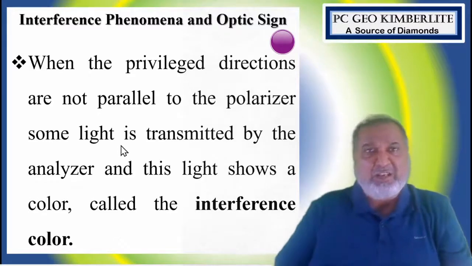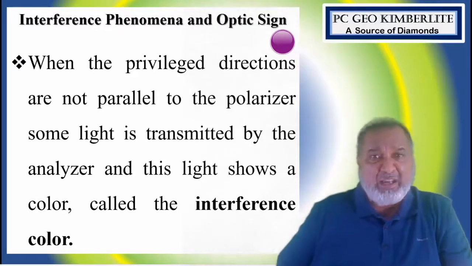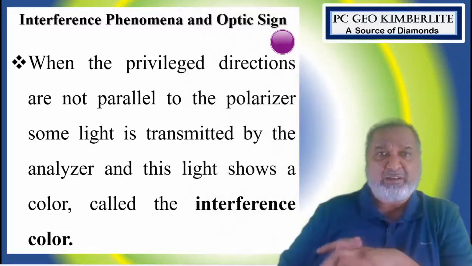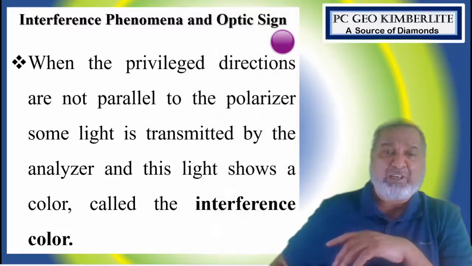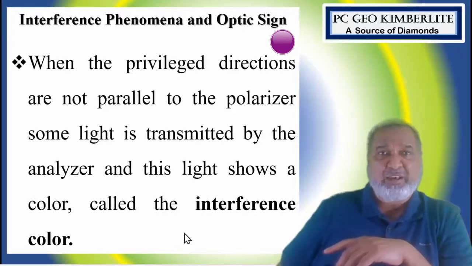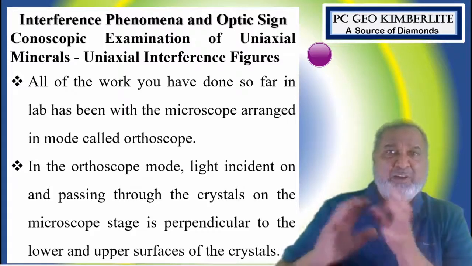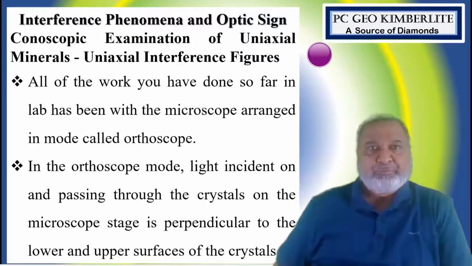When the privileged directions are not parallel to the polarizer, light is transmitted by the analyzer and shows a color, called interference color, because interference has taken place between the ordinary and extraordinary rays.